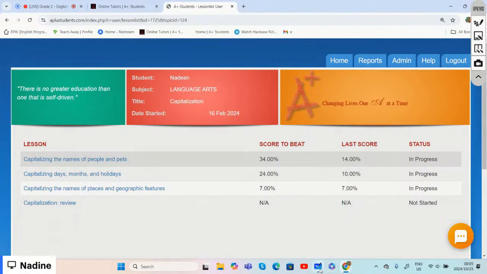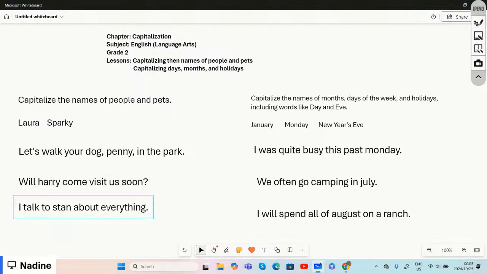So our chapter is capitalization. Our subject is English Language Arts. We're doing grade 2.